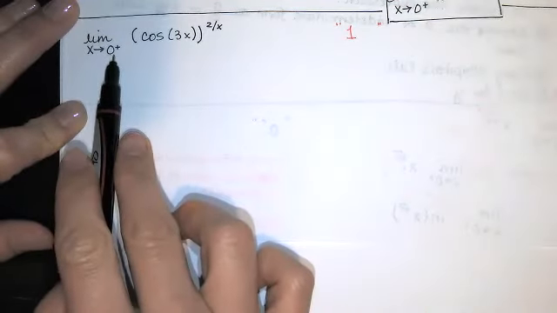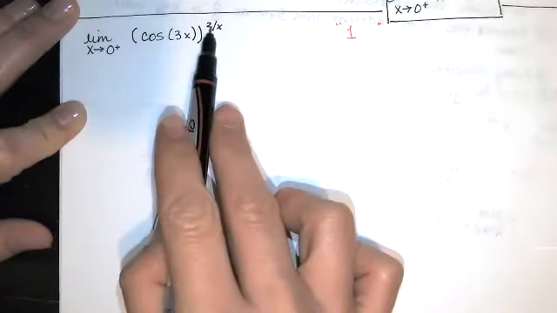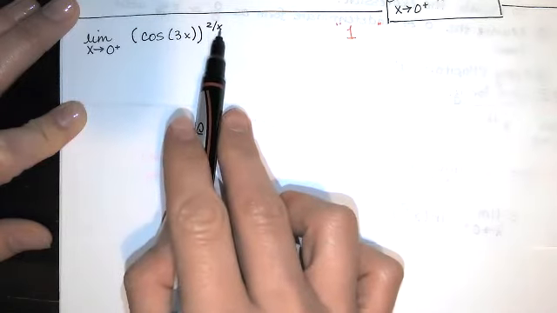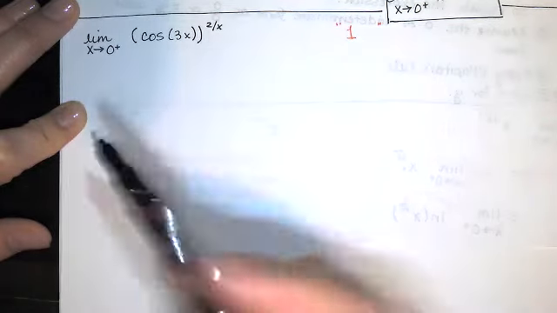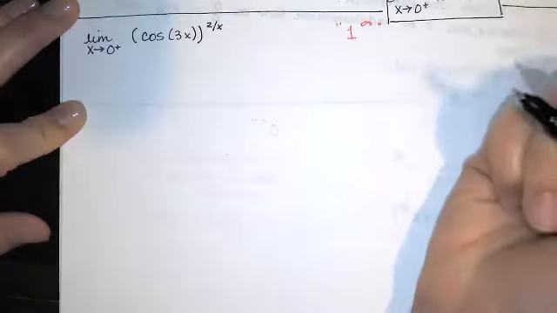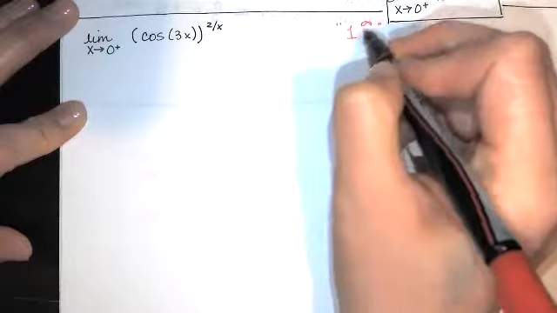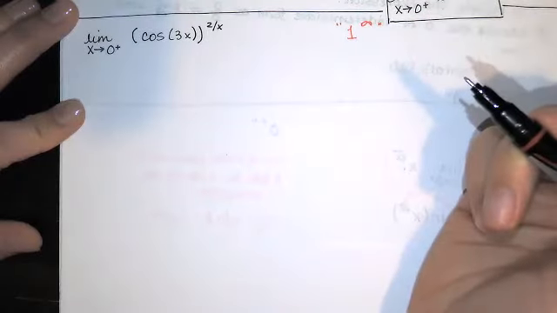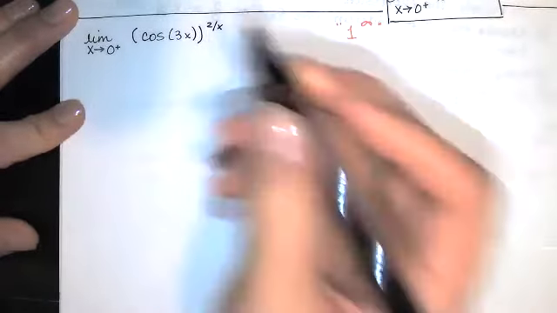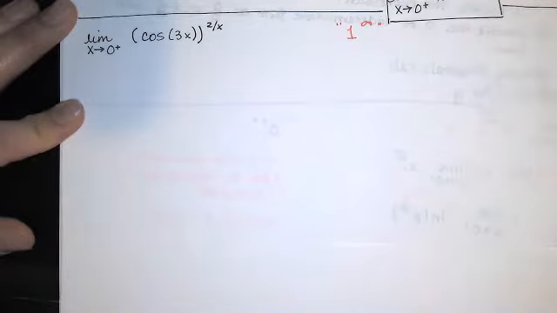And as x approaches 0 from the right, this is 2 over a tiny positive number. 2 over a tiny positive number, that's going to be a large positive number, so we have a 1 to the infinity indeterminate form. So first we recognize that it's indeterminate, and then we let y equal this limit, and then solve for y.